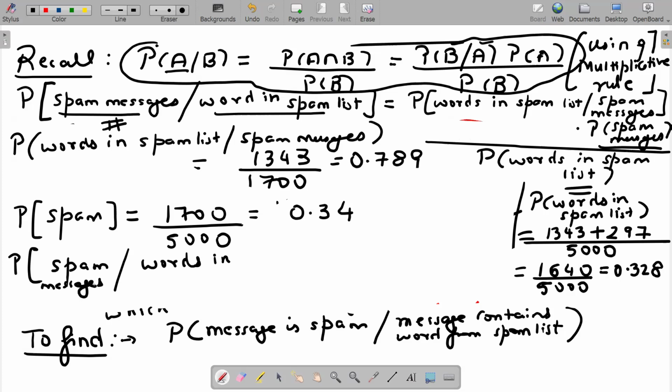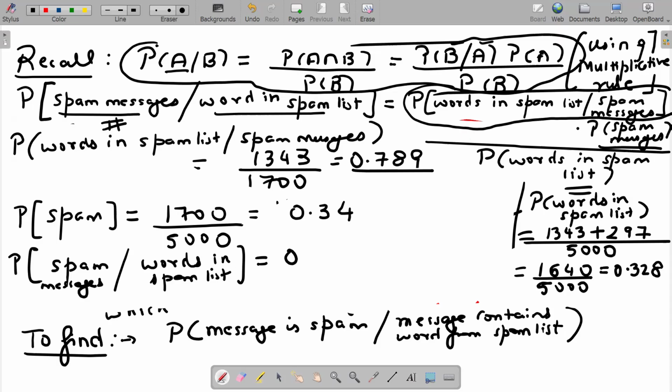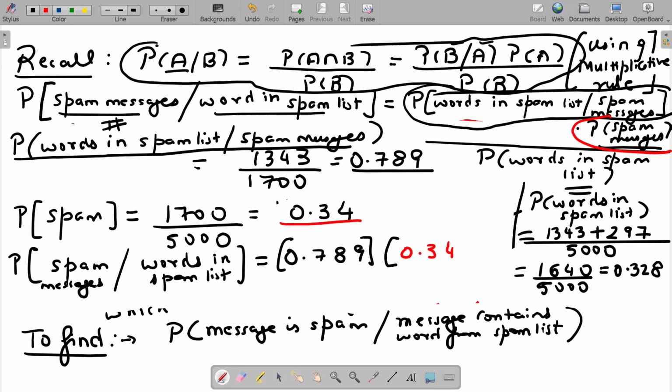The first portion, probability of words in the spam list given spam messages, is 0.789, which we already calculated, times probability of spam messages, 0.34, divided by probability of words in the spam list, 0.328.